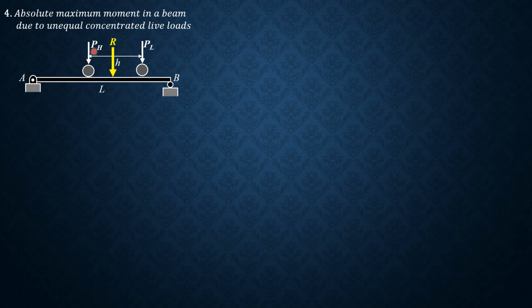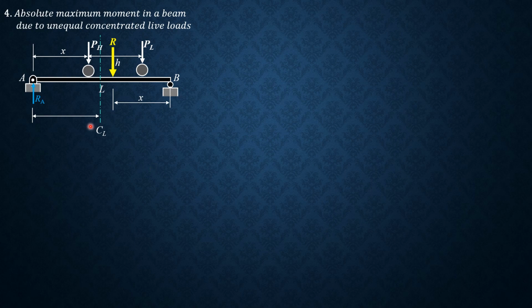The center between the heavier load P_H and R is the center of the beam, recall. We will call that X, and this is also X, the distance of R from the right. And if that's RA, this is the center line, then the distance between the heavier load and R is denoted by E. So therefore, the distance of P_H from the center line is E over 2, as well as from the center line to R, it's also E over 2.